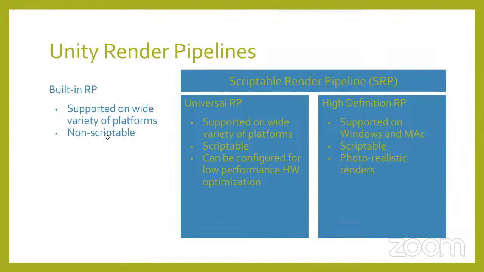For instance, if you're running on low performance hardware, you can reduce heavy lifting during runtime. Or if you are running extremely photorealistic renders and require a lot of textures, materials, and polygons, then you can include features such as DLSS and ray tracing, RTX. These are all features that are supported on HDRP, for instance.